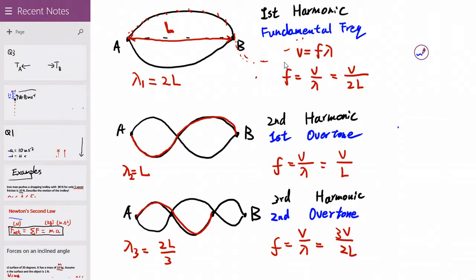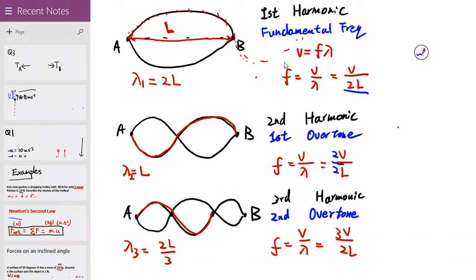I have V divided by 2L for the first harmonic, V divided by L for the second harmonic, or 2V divided by 2L if I change it to make the denominator the same. Then I have 3V divided by 2L. The scientists have an equation, which is in your D7 notes, page 8.6.